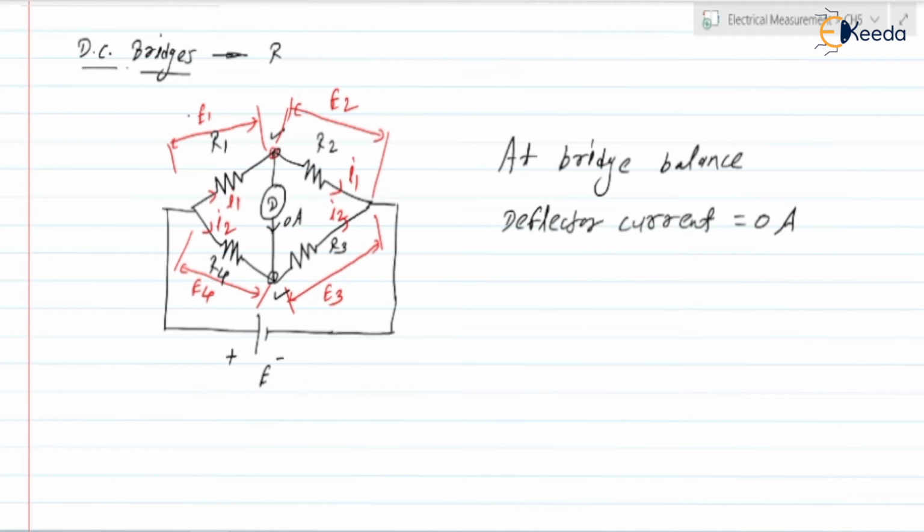Due to that, E1 becomes equal to E4, and E2 becomes equal to E3. So here E1 is equal to E4 and E2 is equal to E3.